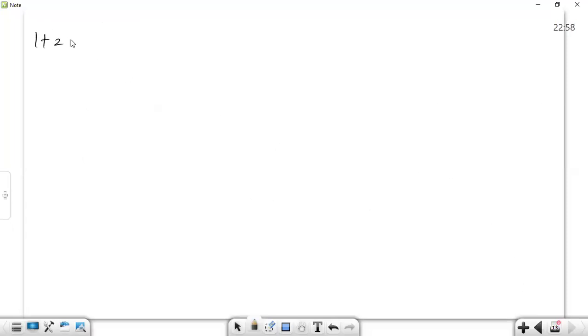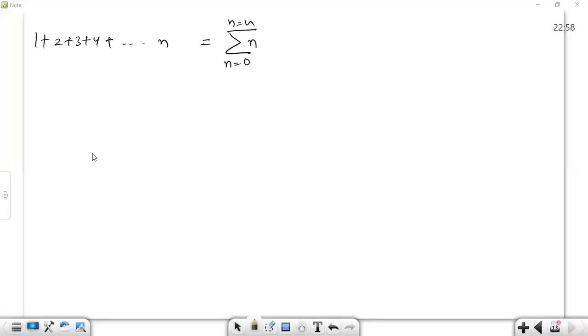So if I write 1 plus 2 plus 3 plus 4 up to n natural numbers, can I write it like this, from n equals 0 to n equals n? Any doubts?